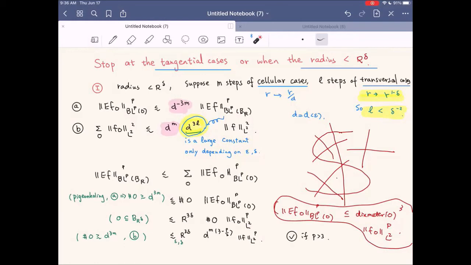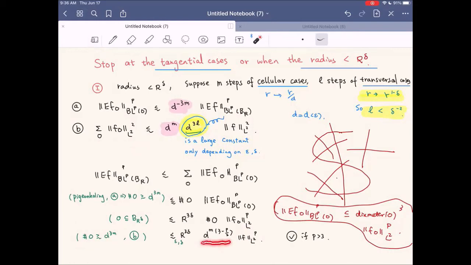And again, here, since the number of cells in the transversal step is larger than d to the 3m, then by property B, a typical cell that we consider in this quantity should have small L2 norm.